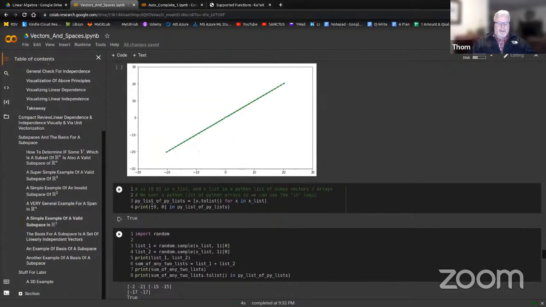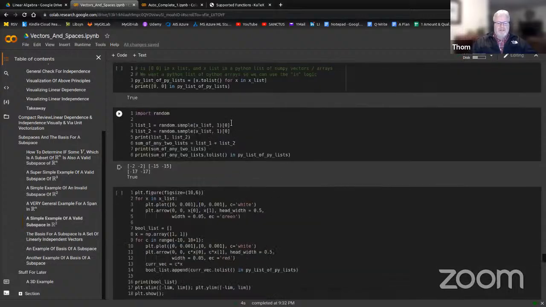Okay, now I'm just asking, is 0, 0 in my list? Yep. Again, we're just doing this conversion with this list comprehension to use the convenient. There's some things that are more convenient in Python and some that are more convenient in NumPy. So I just switch them back and forth as the mood suits me.